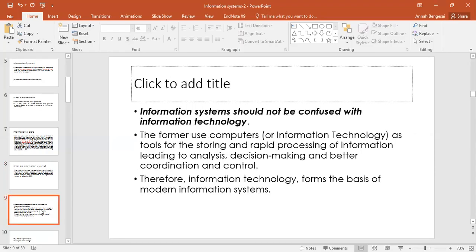Information systems should not be confused with information technology. Why? Because information systems are more than information technology. They do use information technology, such as computers, as tools for storing information and processing information. Therefore, we can say that information technology is a component of an information system.